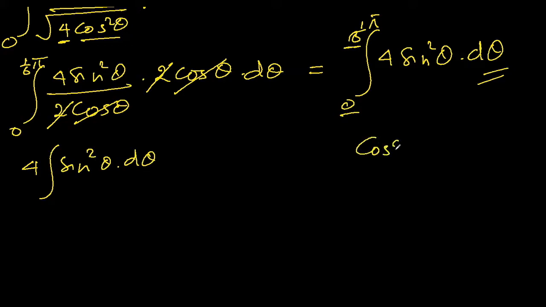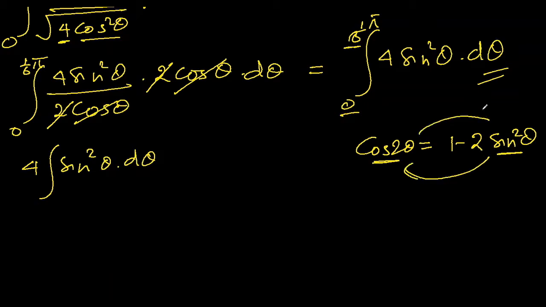Cos 2 theta equal to 1 minus 2 sine square theta. This identity will be useful here. Sine square can convert into a non-square trigonometric ratio. So let's bring this here and bring cos 2 theta to the right side. So 2 sine square theta equal to 1 minus cos 2 theta.